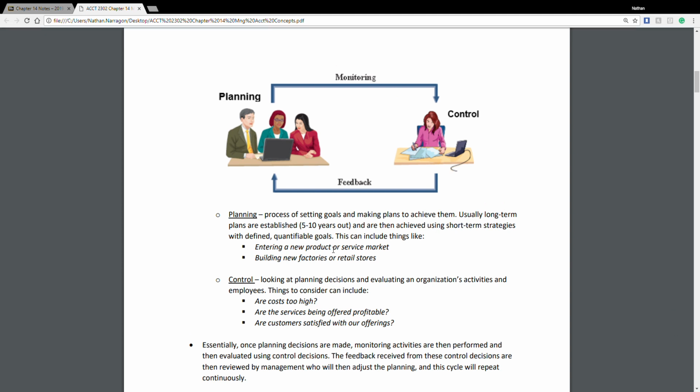Mostly planning: we set goals. We want to make goals that we can achieve. Always go a little bit realistically, but you want to see if you can do it. Normally these are established about 5 to 10 years out, but they do want to achieve some kind of short-term strategy.